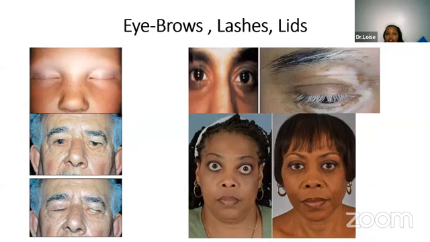It usually causes loss of skin pigment or color, on your hair and on your skin mostly. The most common presentation would be facial and involving the hands. So this could be vitiligo.